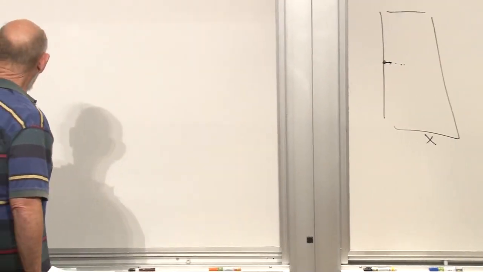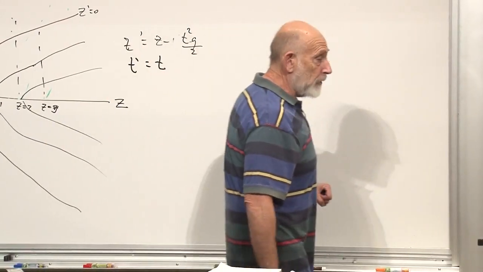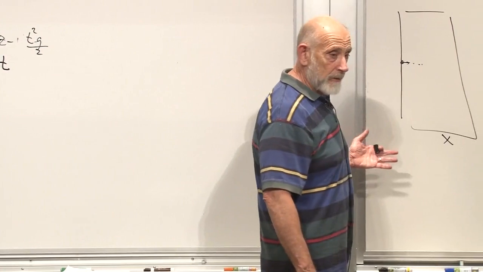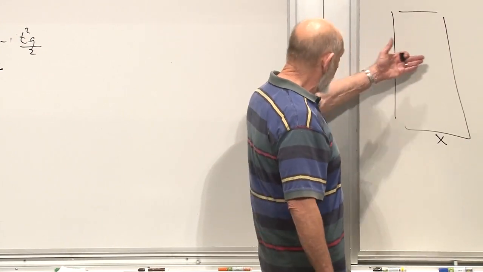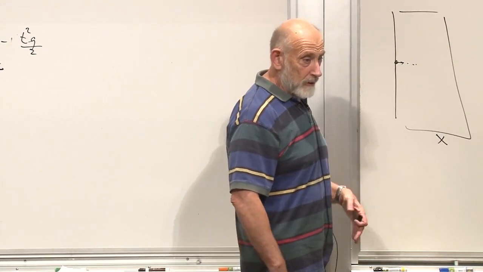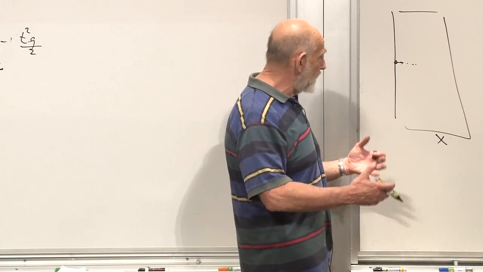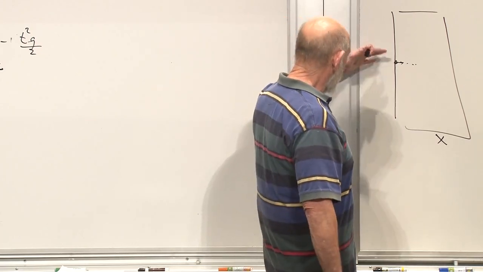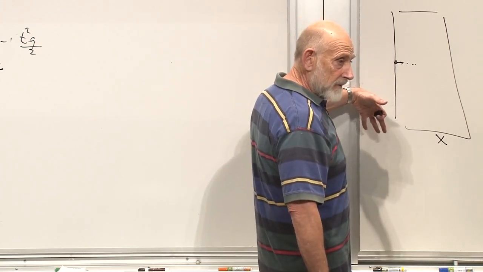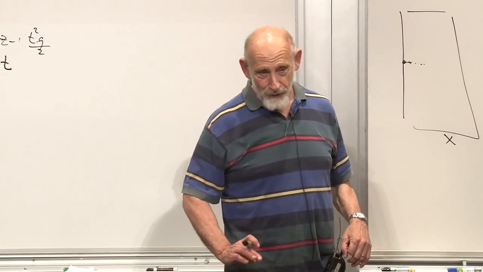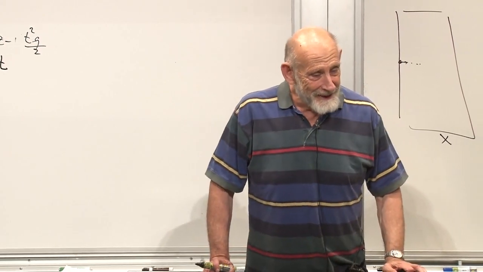Okay? Now, in the unprimed frame of reference, we know how the light wave moves. Or at least Einstein said, in the frame of reference without any gravity, because there is gravity on the surface of the Earth. What am I talking about?